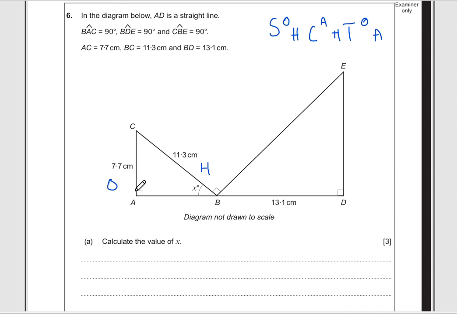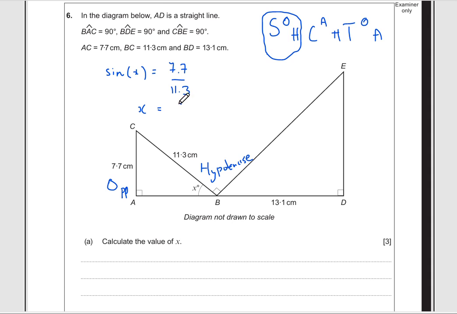So that one's going to be the opposite and the hypotenuse. That's going to be sine. So I know that sine of x is going to be equal to the opposite over the hypotenuse. That's going to be 7.7 divided by 11.3.